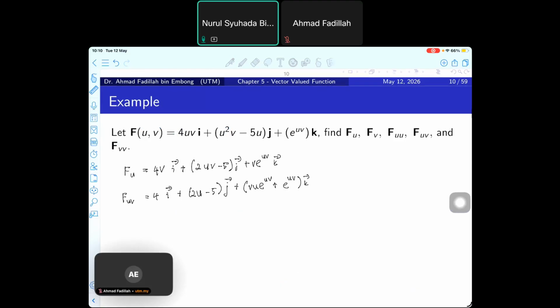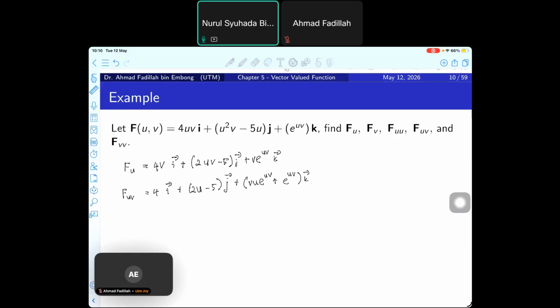In fact, we have two variables over here, and we can also find the partial derivative of f. For example, we want to compute the derivative of f with respect to u. So first, we compute the derivative one by one with respect to the ith component, the jth component, and also the kth component.